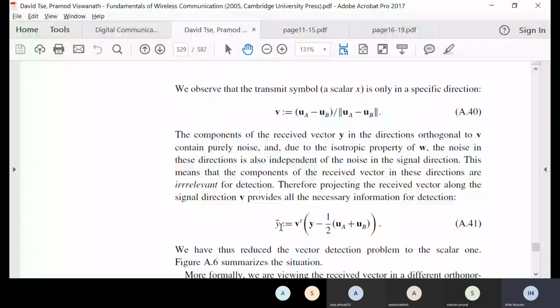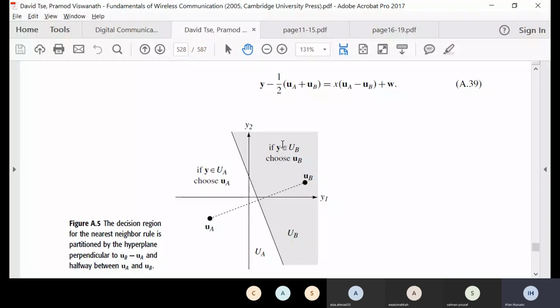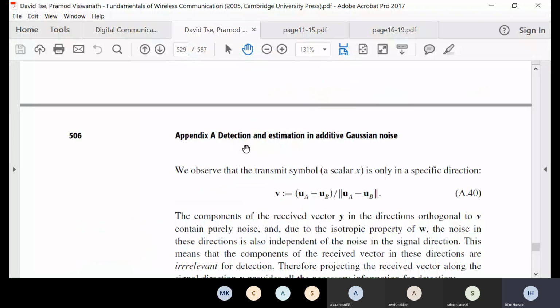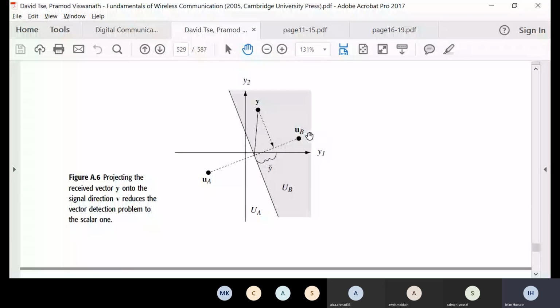This is figure 8.6. Here you can see that this is UA, this is UB, and this is the vector UA minus UB. If you remember in electromagnetics, we had the R1 position vector and the R2 position vector.